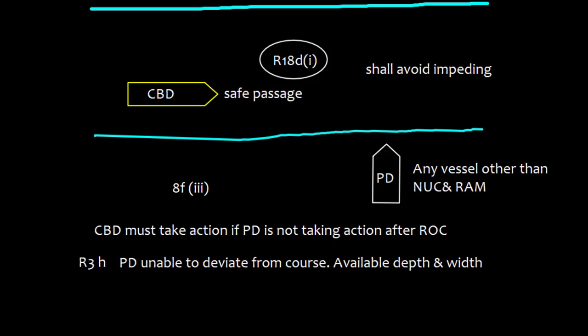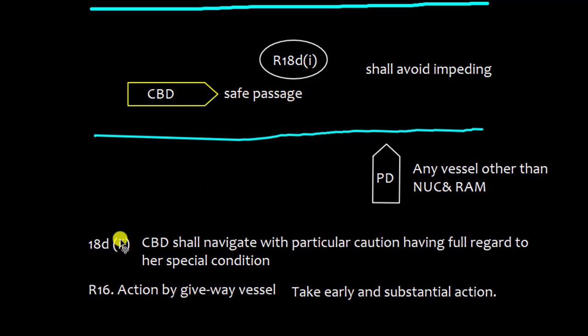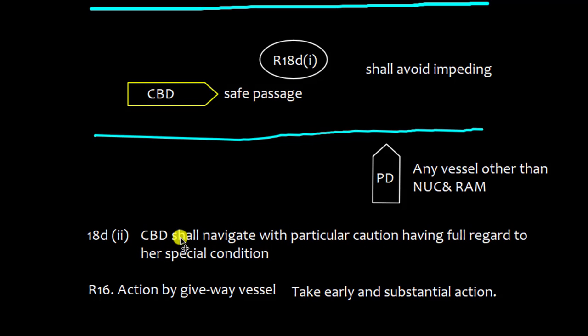And in the steering and sailing rules, we have Rule 18D2. Now 18D comes into the picture, which says the CBD shall navigate with particular caution. So first of all, the CBD has to navigate with particular caution, having full regard to her special condition.